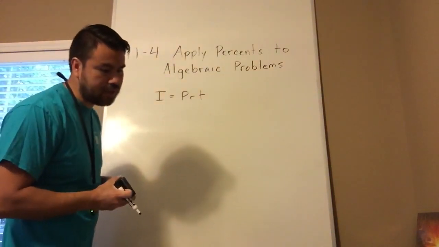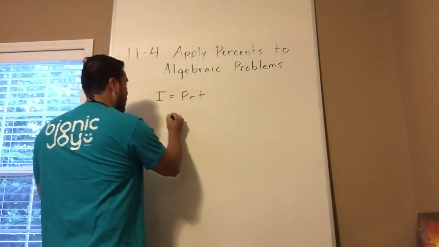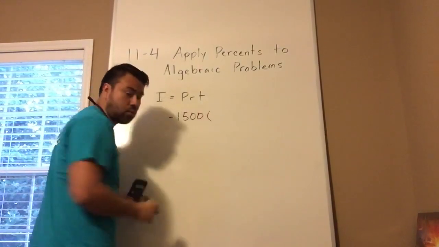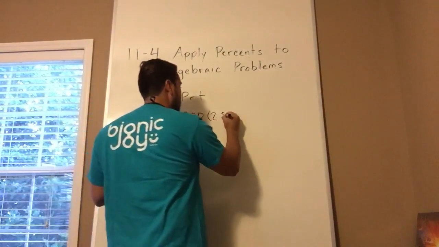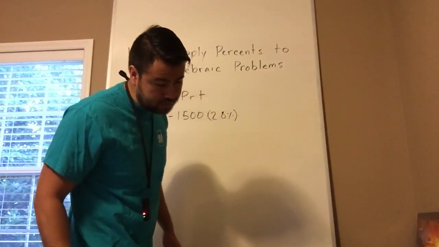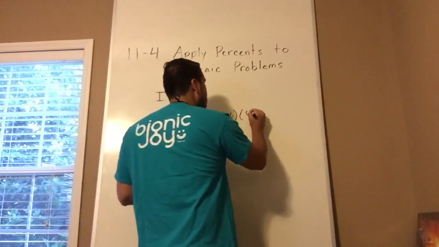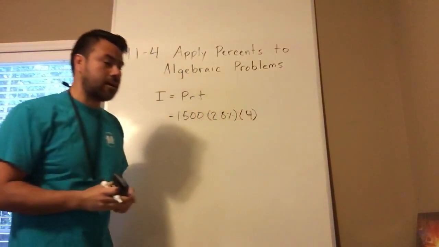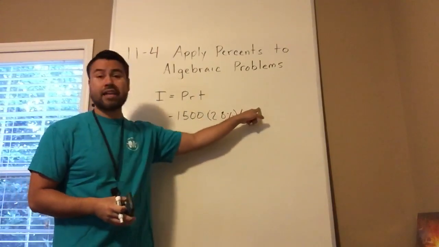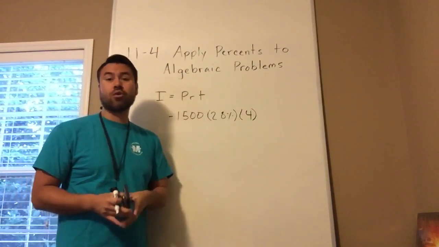Okay, so here I'm trying to find the interest, so I have $1,500, and then the rate is 2.8%, and then the time in this problem was 4 years. And this is simple interest. When you get compound interest, which is really cool, you start using some exponents, and it makes that money grow quicker.